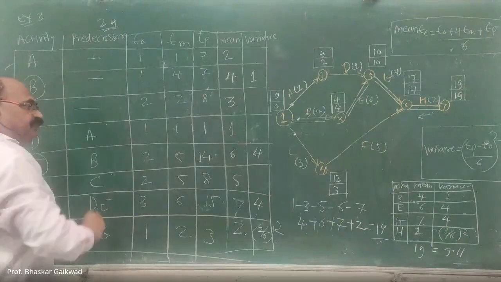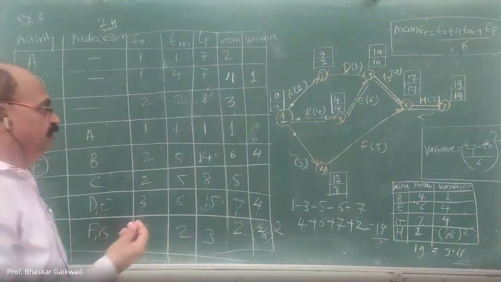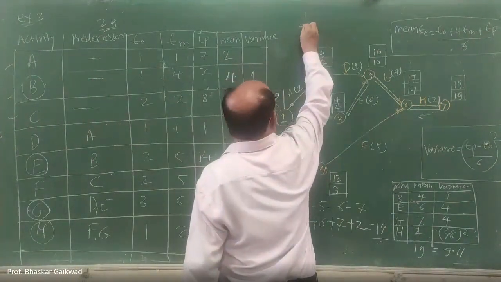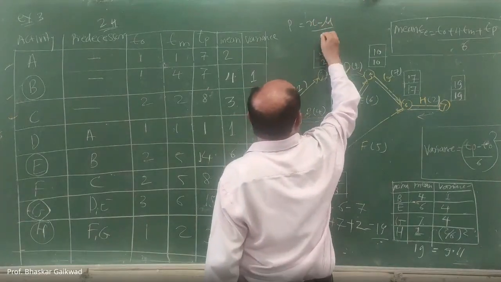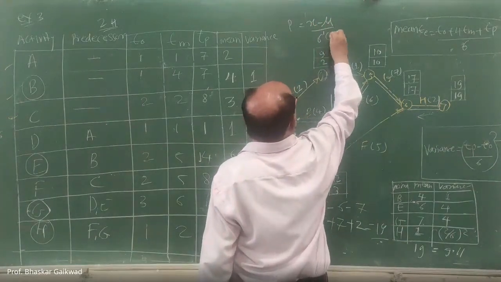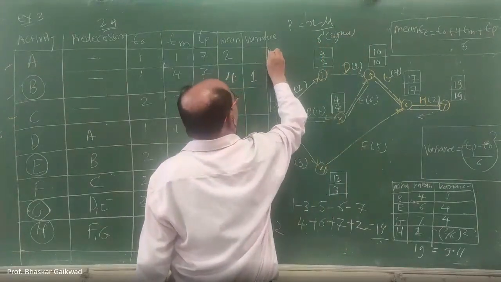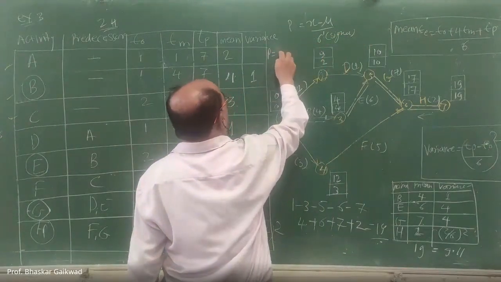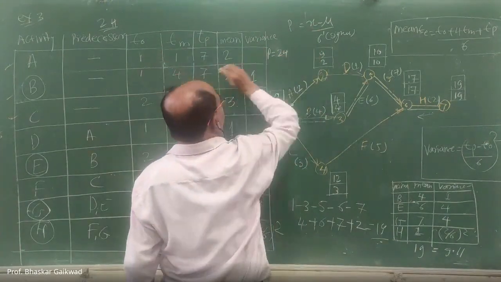You can calculate this probability. P equals (X minus mu) divided by sigma. Here X is 24 because it is the expected time.